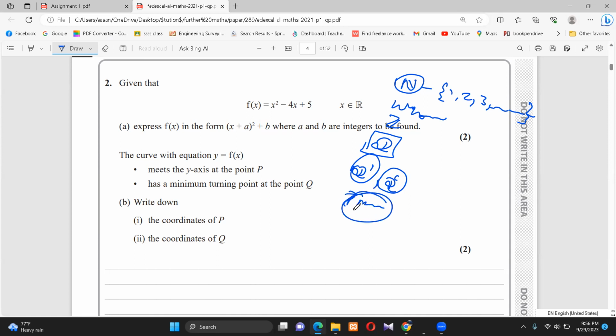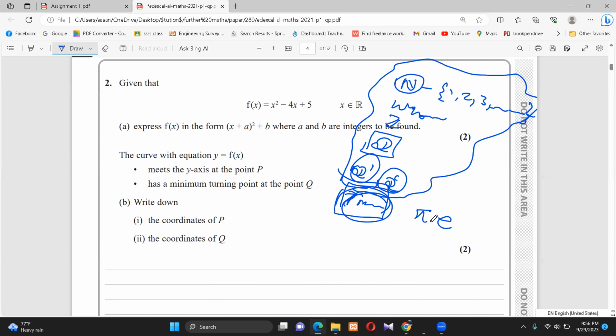Non-transcendental numbers are all the algebraic numbers. These can be a root of an algebraic equation, while transcendental numbers cannot be, right? For example, pi and e.